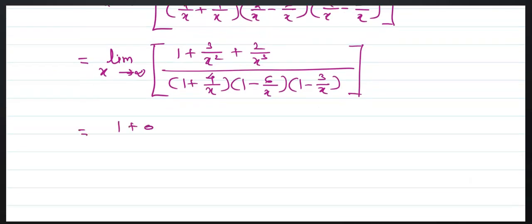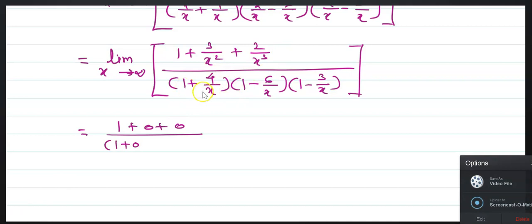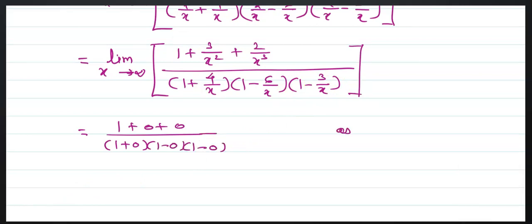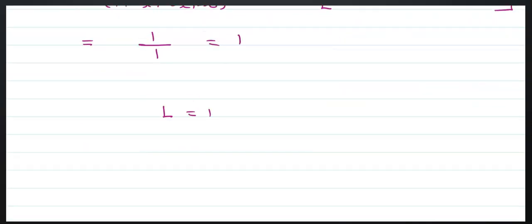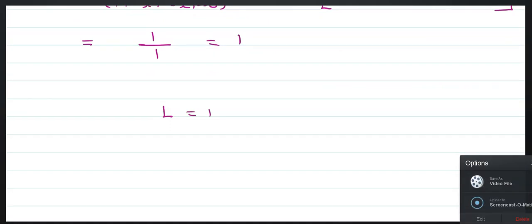Therefore, the answer is 1 plus 0 plus 0 in the numerator, and 1 plus 0, 1 minus 0 and 1 minus 0 in the denominator. Overall the denominator you will get 1. That is, as x tends to infinity, 1 upon x square, 1 upon x cube tends to 0. And that's why the answer is 1 upon 1. Therefore, the answer L is equal to 1.